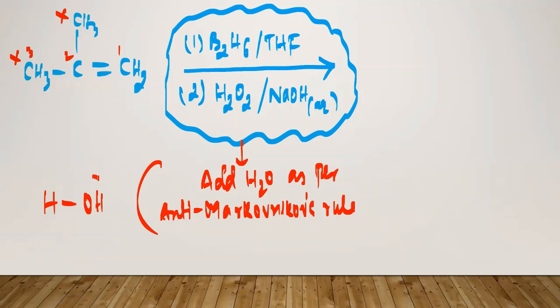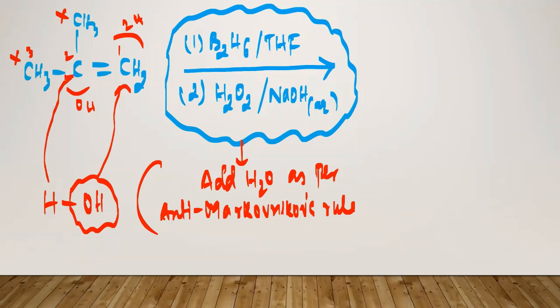As far as anti-Markovnikov's rule is concerned, OH will go to that carbon which has more number of hydrogen. This carbon has 2 hydrogen, and this carbon has 0 hydrogen, my dear friends. So OH will go to the first carbon, and H will go to the second carbon.